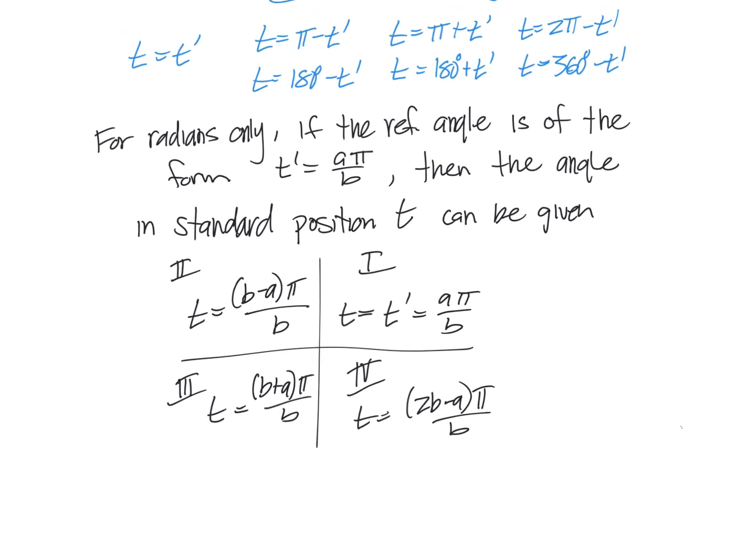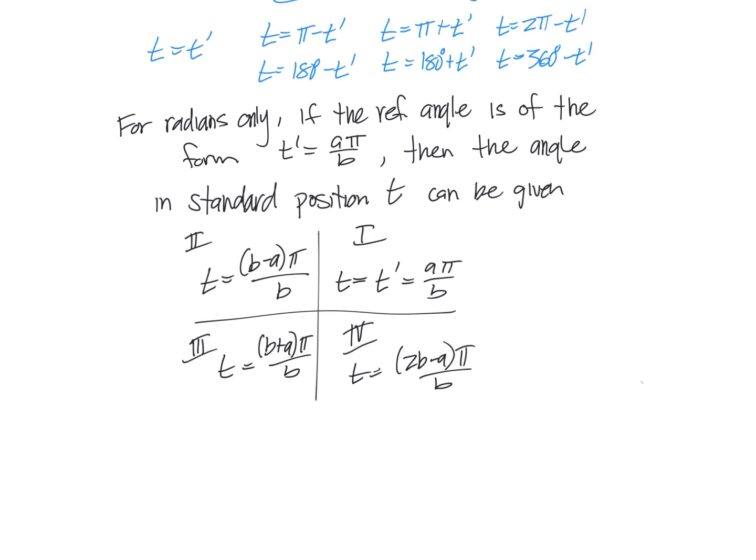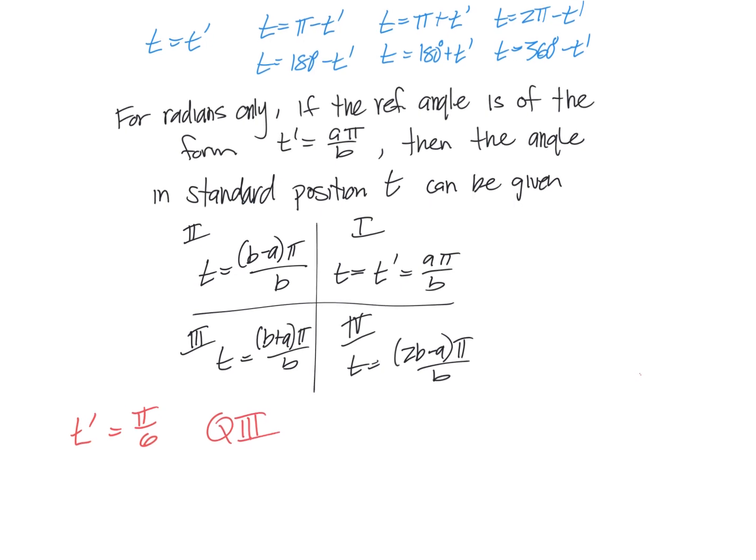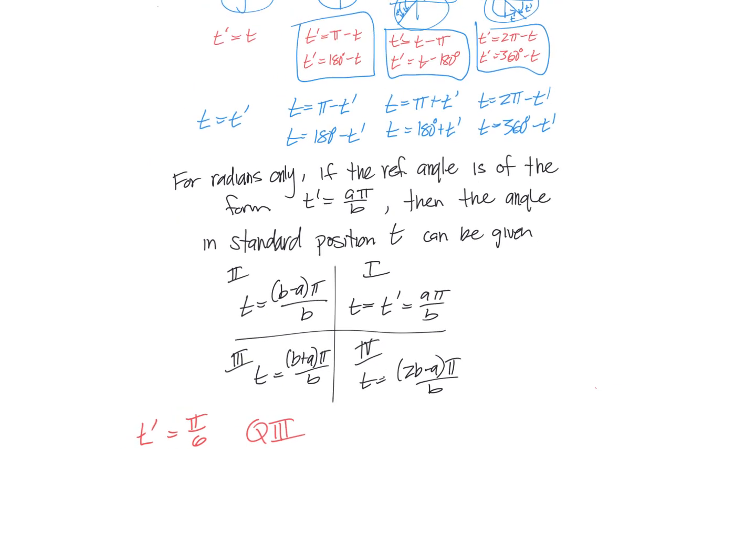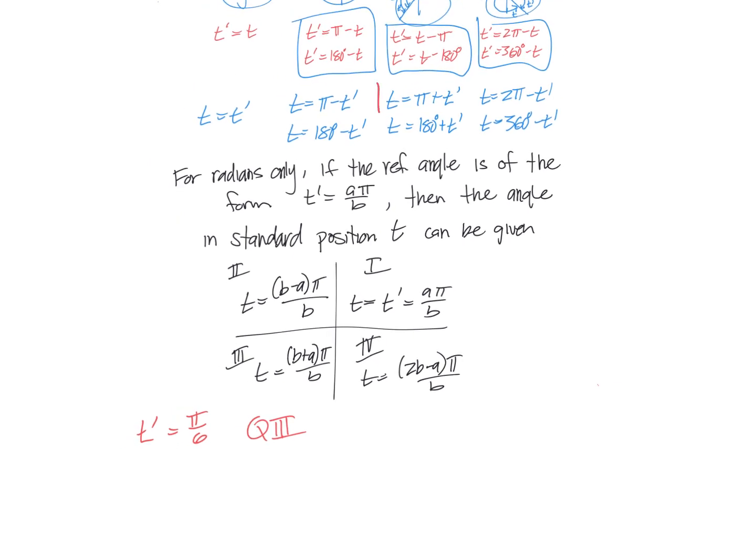All right, so let's say, for example, we have a reference angle t prime is pi over 6. What is this in the third quadrant? In quadrant 3, from before, we know that t is going to be pi plus our t prime, pi plus pi over 6.